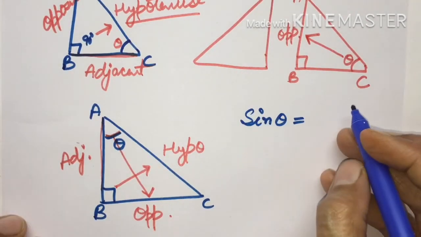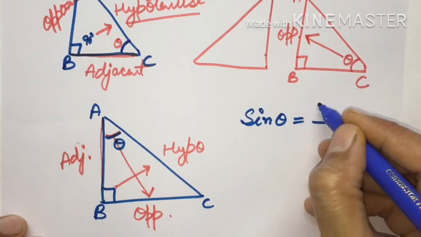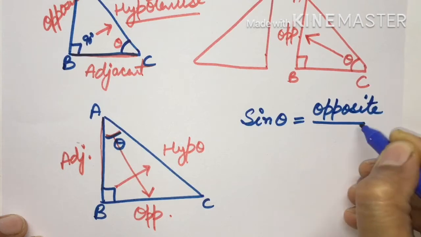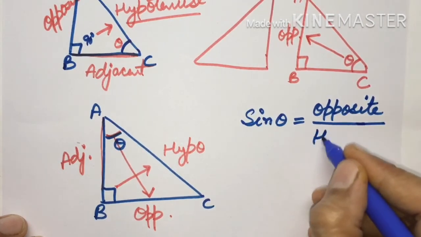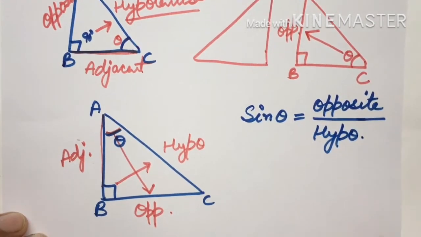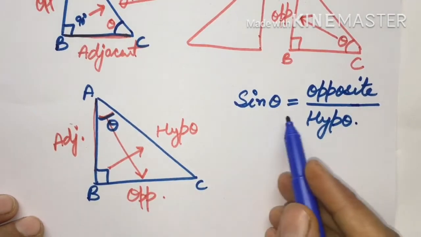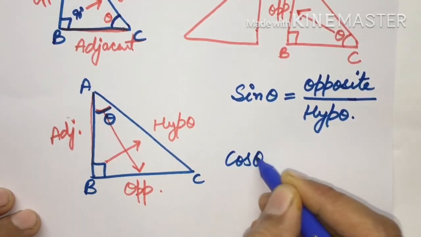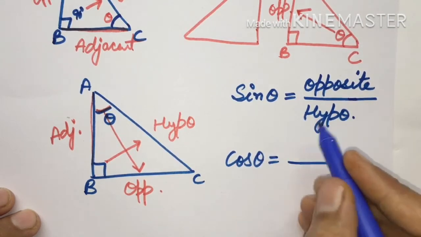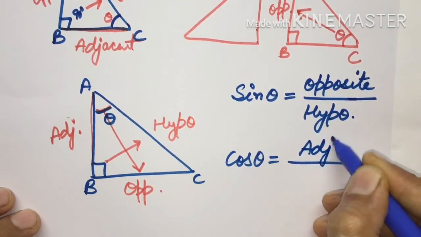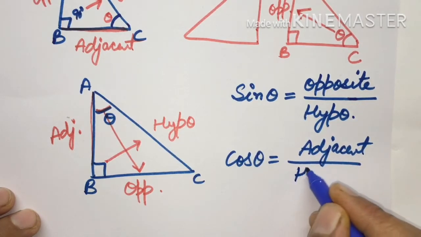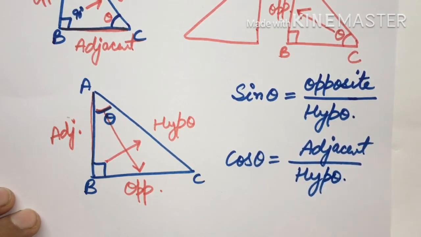So according to that, sine theta is opposite side upon hypotenuse. And like this, cos theta is adjacent side upon hypotenuse.